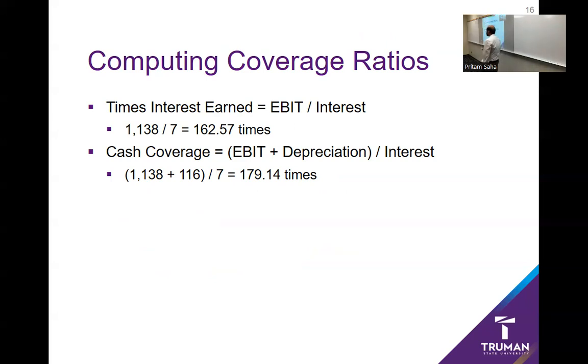So these ratios are trying to tell you your capacity to pay interest amount, the capacity of the business to pay interest. If you look here, there are two ratios. The first one is times interest earned, which is EBIT or operating profit over interest.